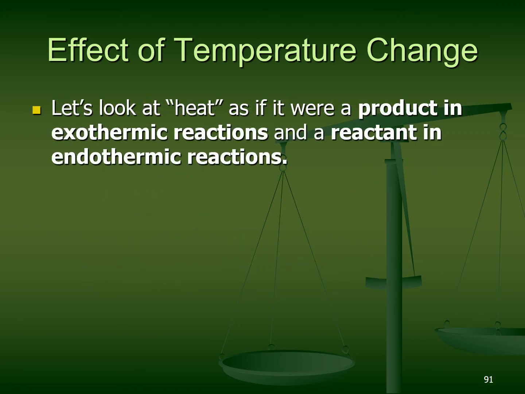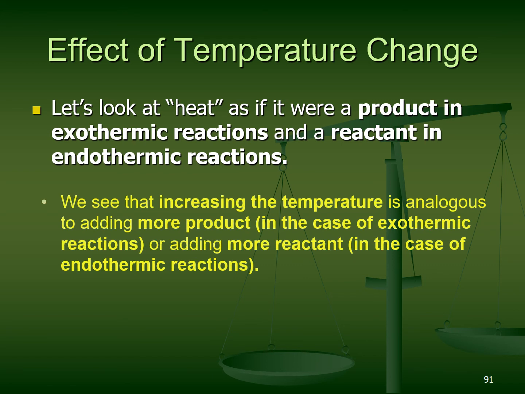The easiest way to do this is to see if heat is a product, which is an exothermic reaction, or if heat is a reactant, which is an endothermic reaction. So in order to know the effect of temperature on an equilibrium, you have to know if it's endothermic or exothermic. Increasing temperature is analogous to adding more product if it's exothermic, because heat is a product, or adding more reactant if the reaction is endothermic.